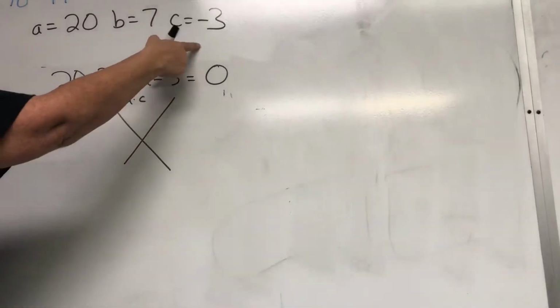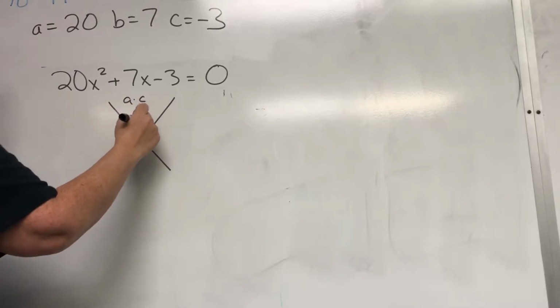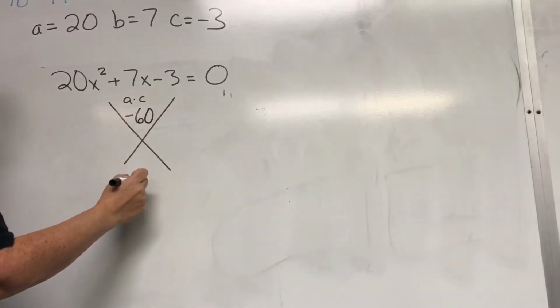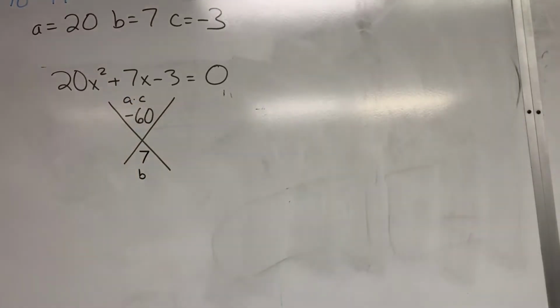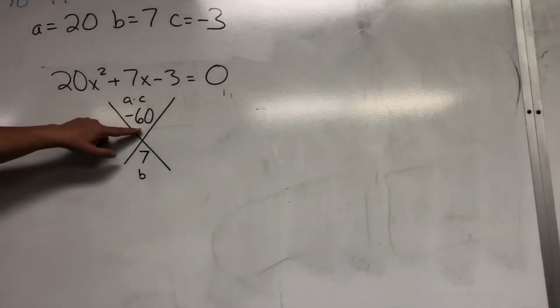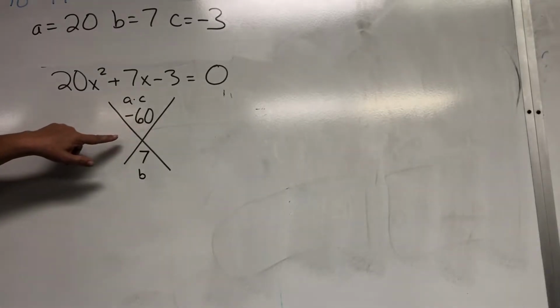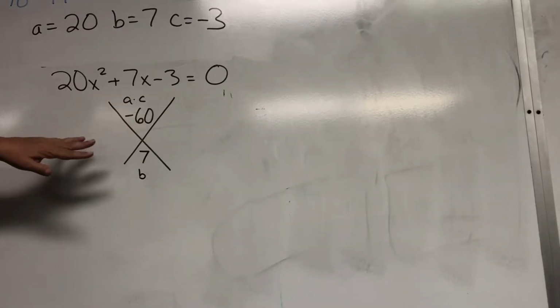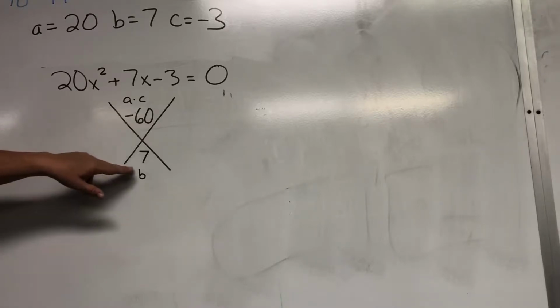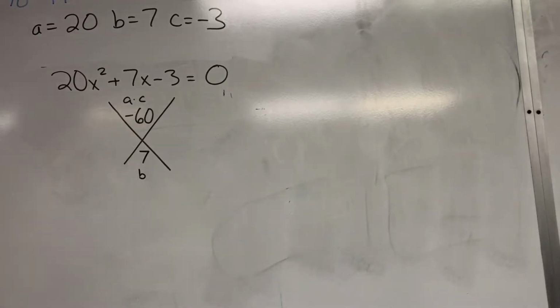A times C in this case would be negative 60, and then B is 7. So now I'm looking for factors of 60 that add or subtract to be 7. Because this is a negative, I know my factors are going to be a positive and a negative, or a negative and a positive. Because B is positive, my bigger factor will be positive.